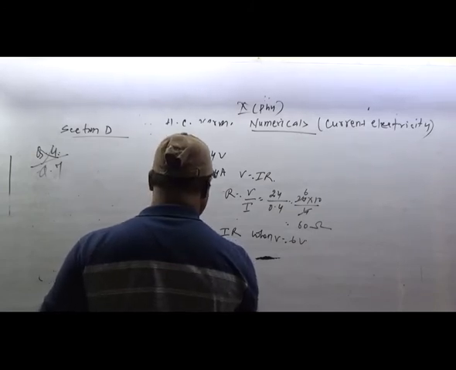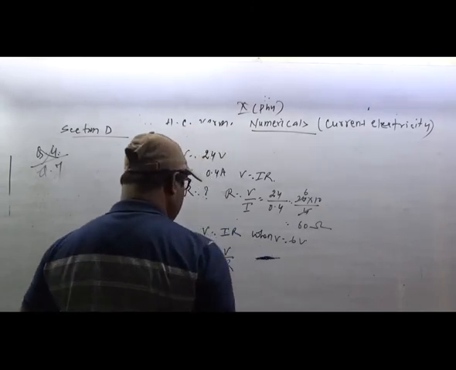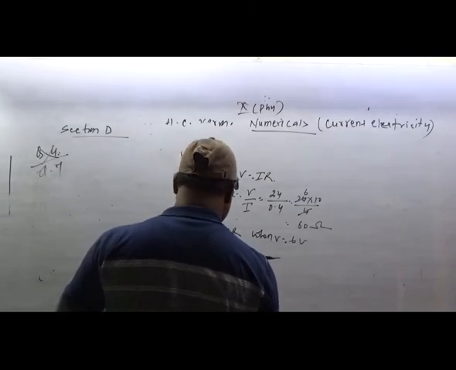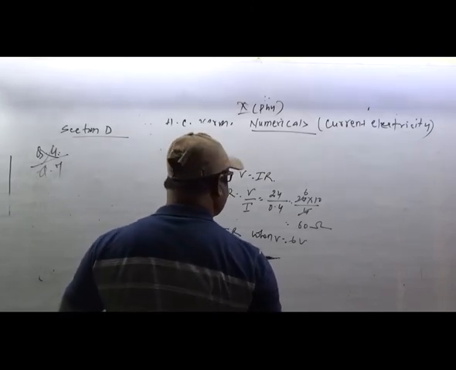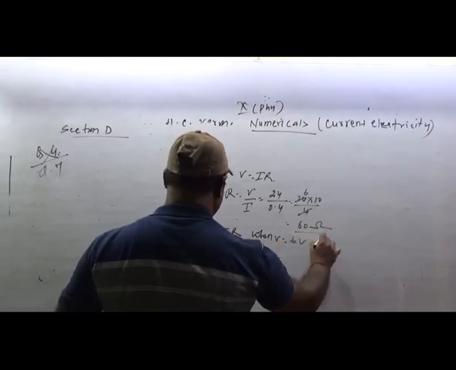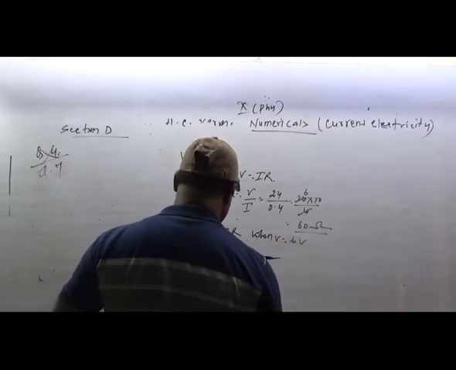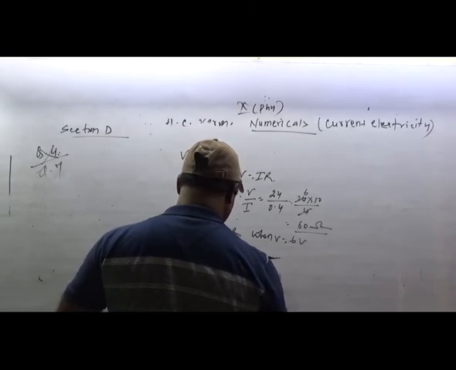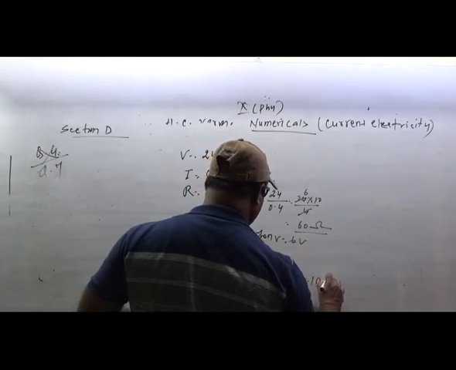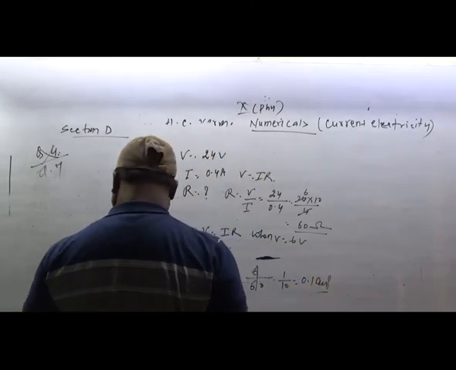I is equal to E by R. E is equal to 6 volt, and the resistance is not going to change. So it is 6 by 60, 0.1. So all these questions are so simple.